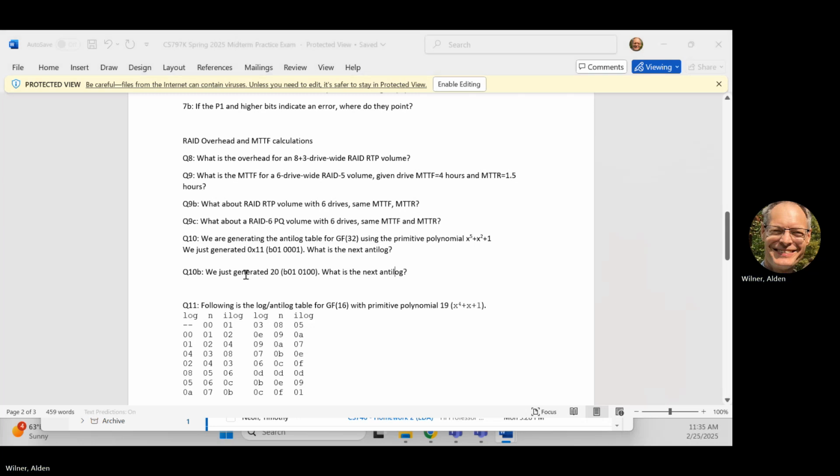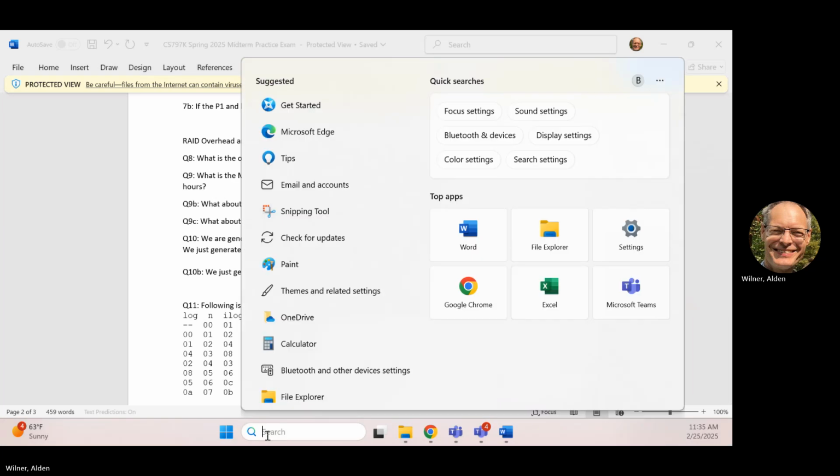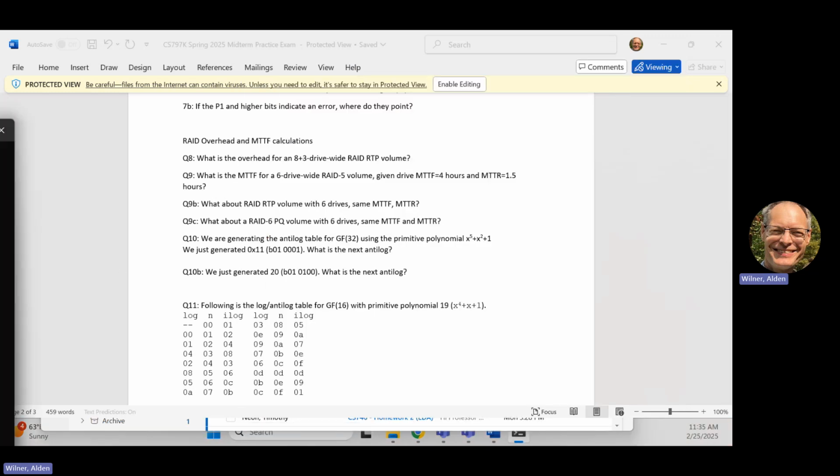So we have a Jupyter notebook out here that we can load up.